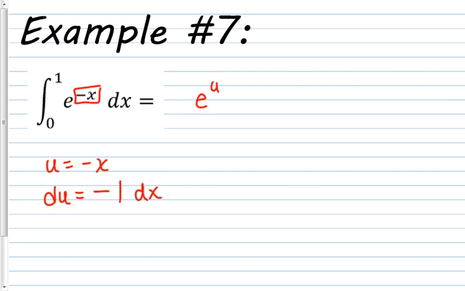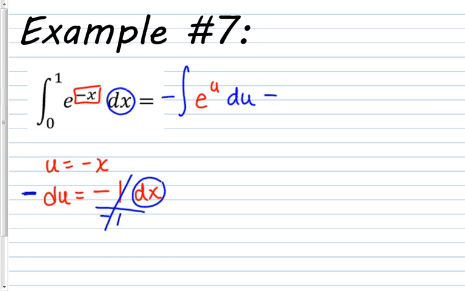And then the du and the dx, they're not quite right. Here's dx, but that negative 1 is nowhere to be found. So I'm just going to add a negative here, right? And basically that goes away. So I have negative e to the u du.